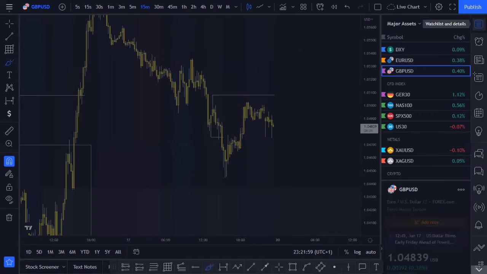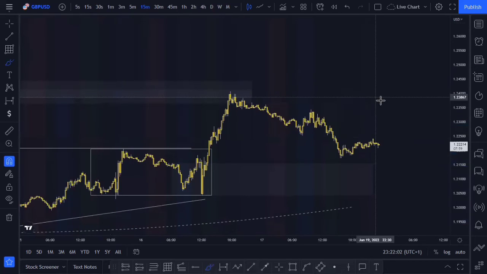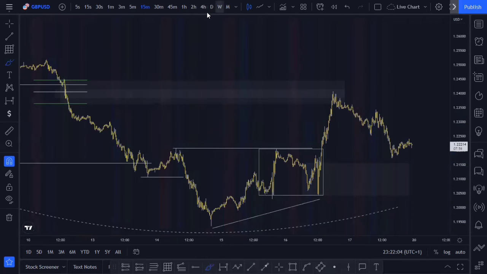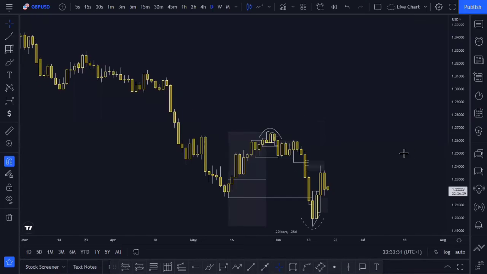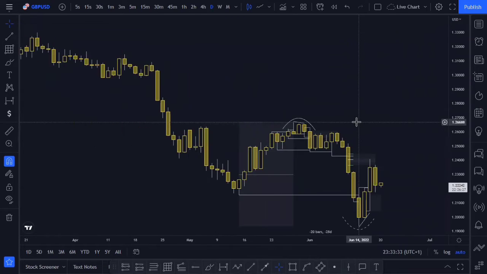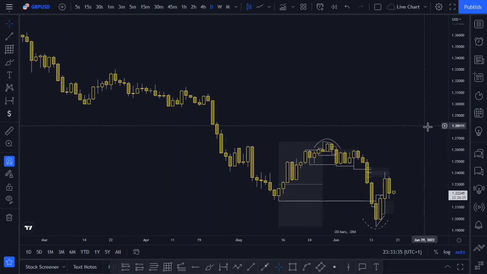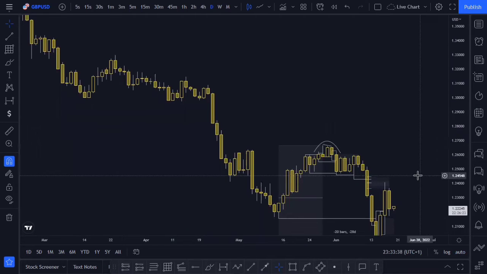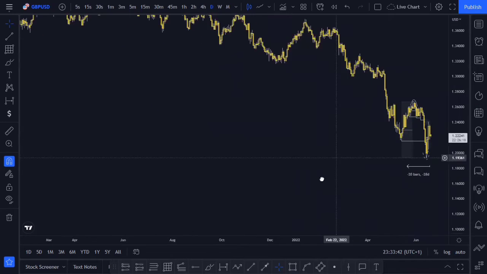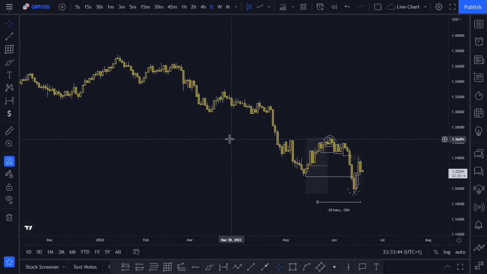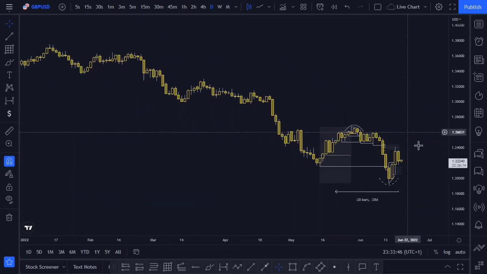Going over to pound USD is basically the same thing. So pound USD, we kind of have the same very structure we have for USD because they're kind of correlated.